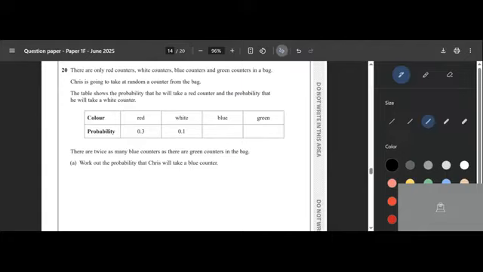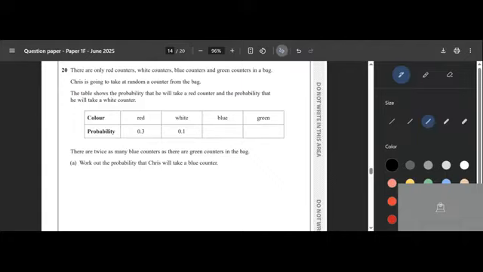So in this probability question, you're told that there are red counters. Apart from that, we also have the white counters. And apart from that, you have blue counters and green counters in a bag. You have to understand the long questions, because that is where people do fail.